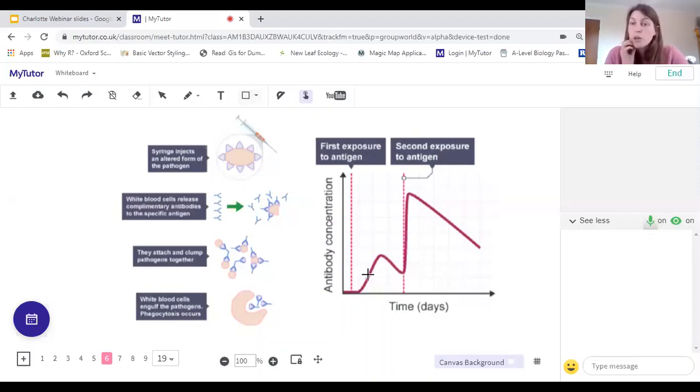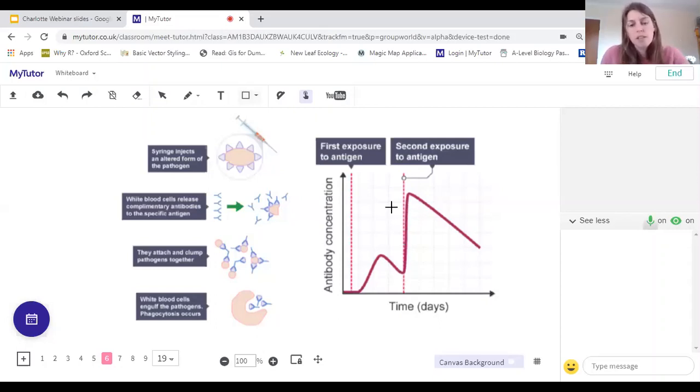Then, if you go to school or anywhere else, a public place, and you happen to be exposed to that antigen for the second time, so that same pathogen again, but this time it's not a vaccination, this is the full form of the disease, your antibody concentration increases rapidly. So you produce a lot of antibodies very fast.